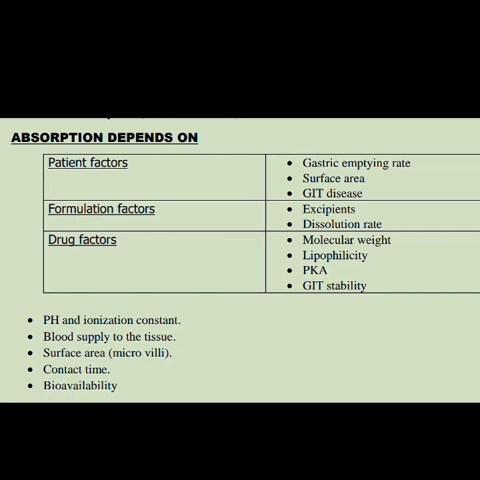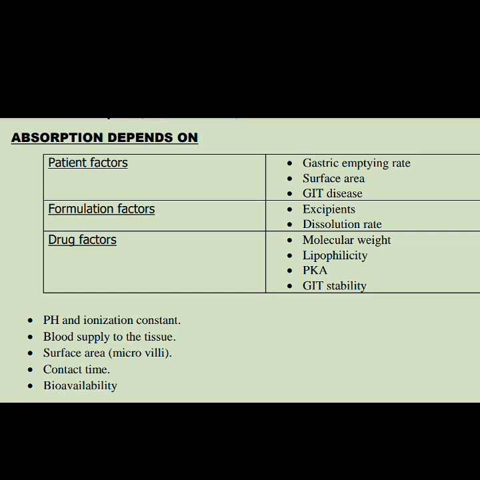Surface area. Surface area usually refers to the intrinsic health of the gastric mucosa. Suppose an individual has, let's say, celiac disease or something. They have some sort of pathology that maybe reduces the number of cilia.